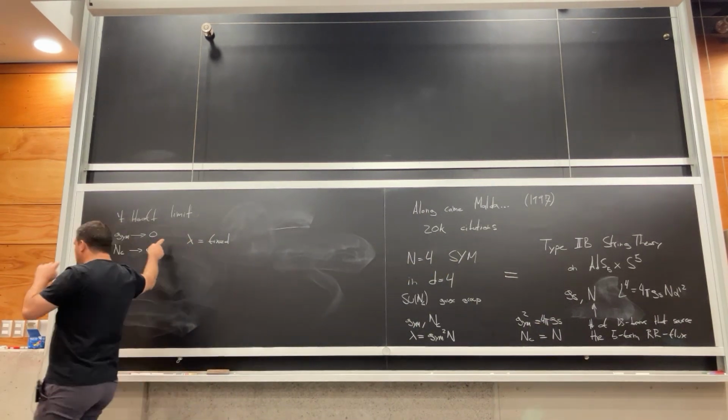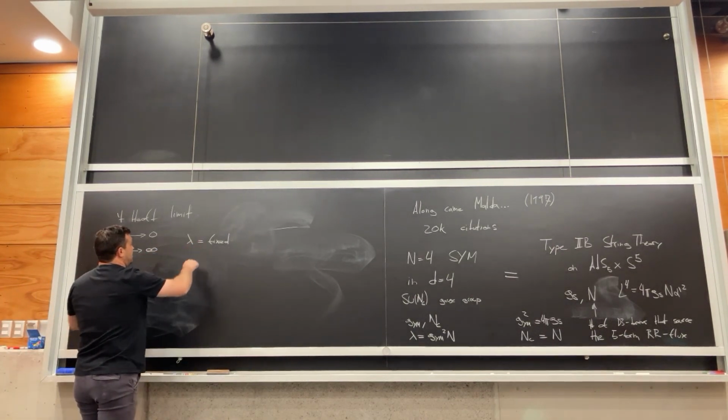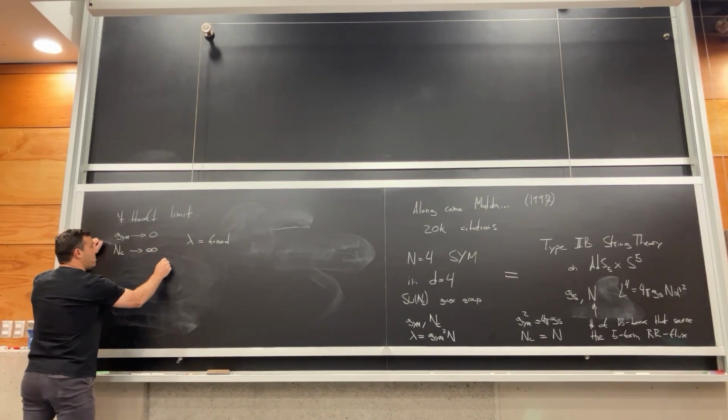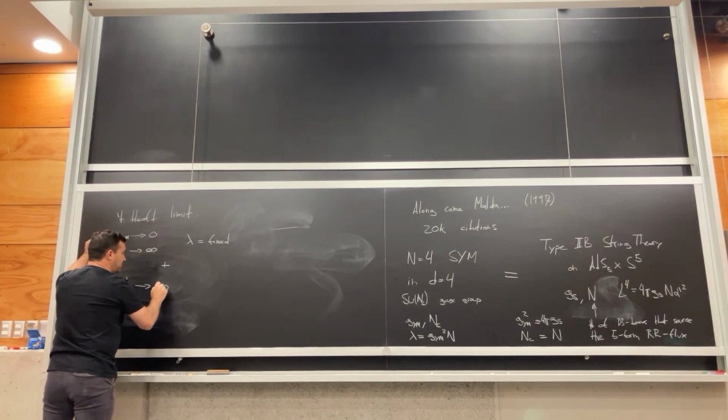So going back, this is what we call the 't Hooft limit. I guess this is half of the 't Hooft limit, because then we take lambda to infinity.